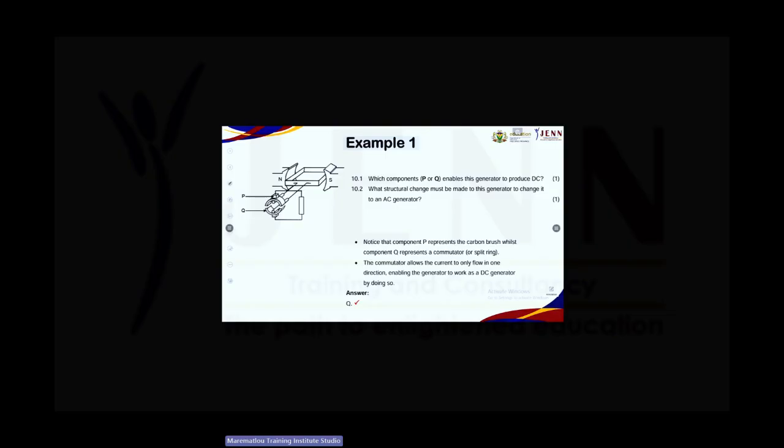That then enables your generator to become an AC generator. So can you see, grade 12s, the type of questions that we get in this topic? Very easy, and all of you are able to get all of your marks when we look at electrodynamics.